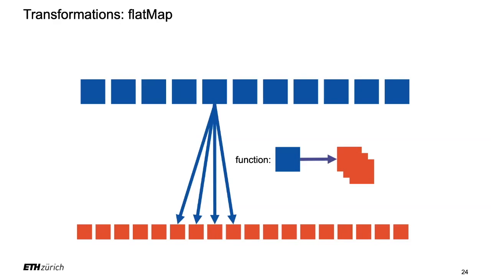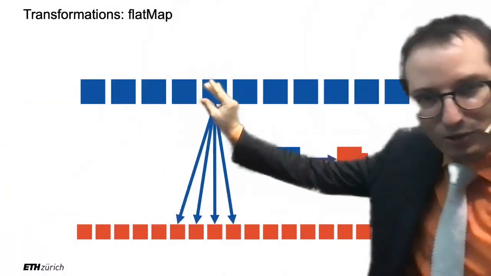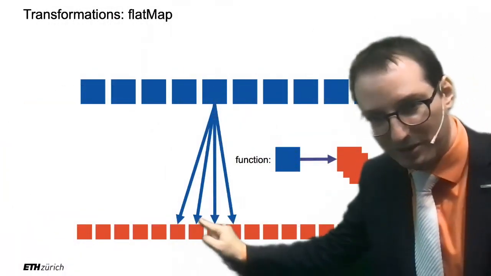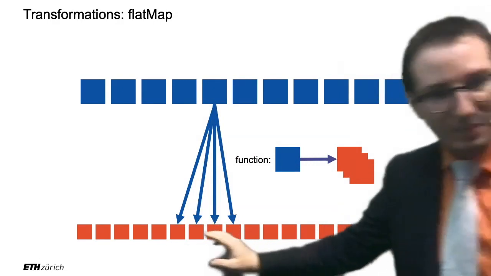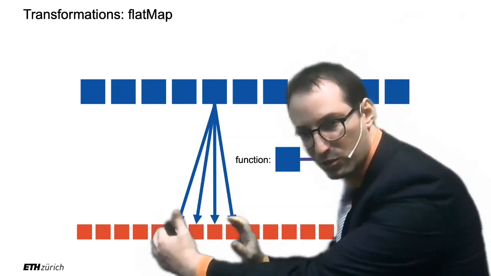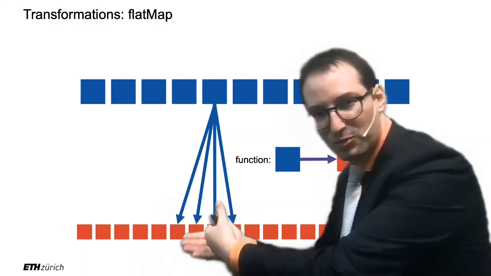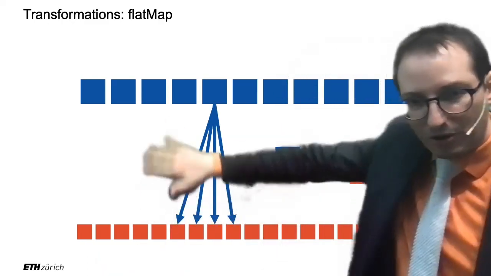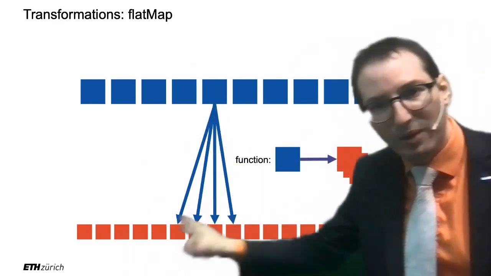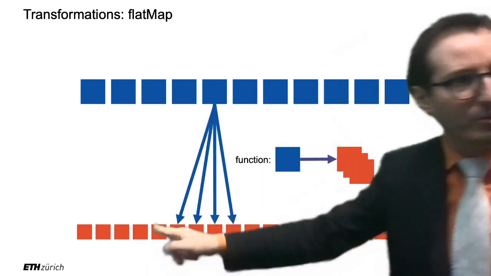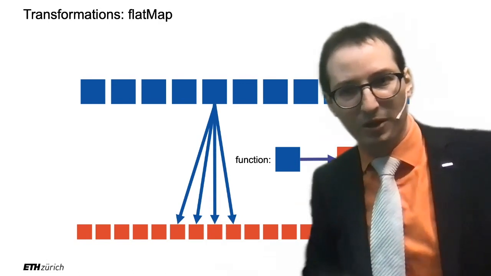So here, for example, you had this value that is mapped to 4 different values in the output. But there is no structure that says that these 4 belong together. There is nothing like that. This is why it's flat, it's flattened. So if you forgot where it came from, you don't know anymore what the boundaries were. You don't know anymore where they came from and which were together.